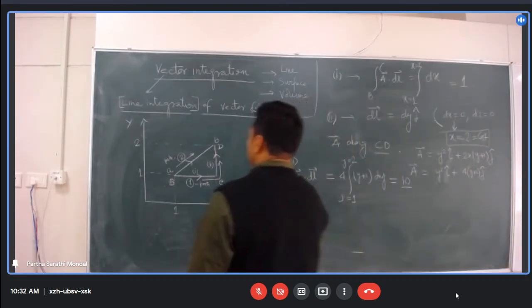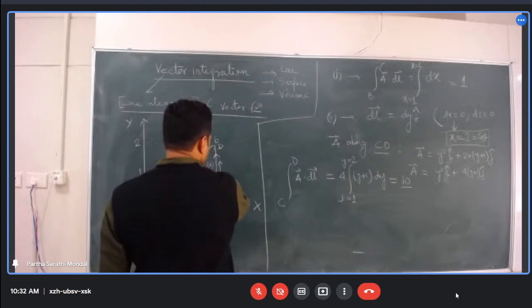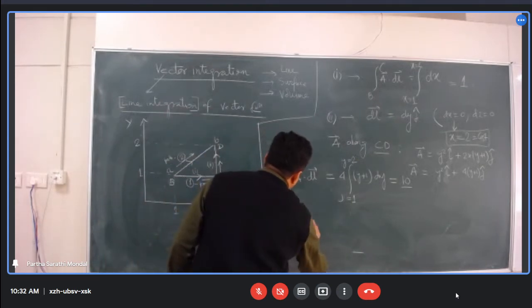So now what is the total work done along path 1, so total 11.